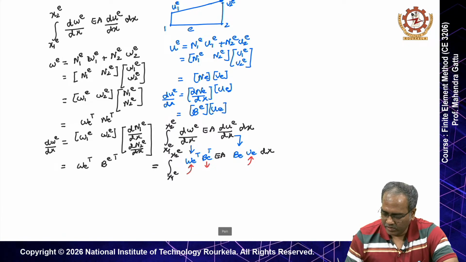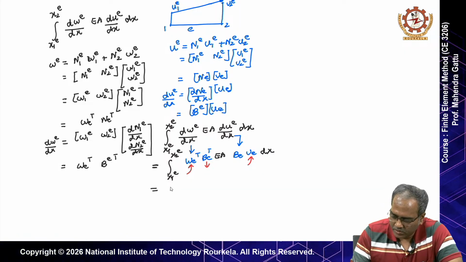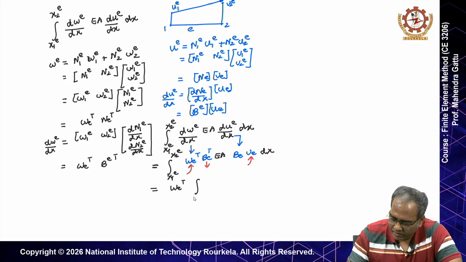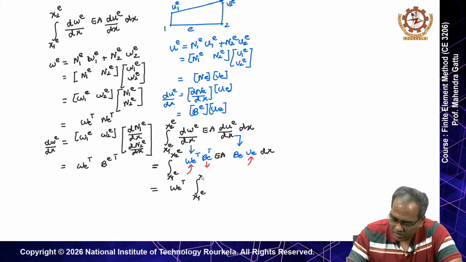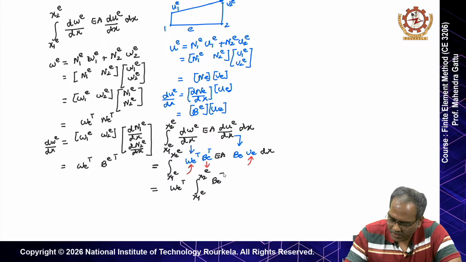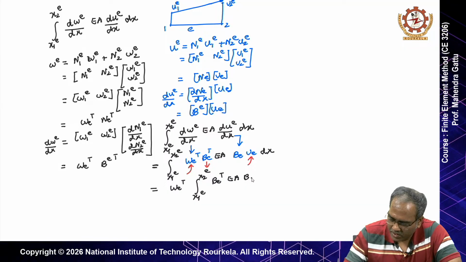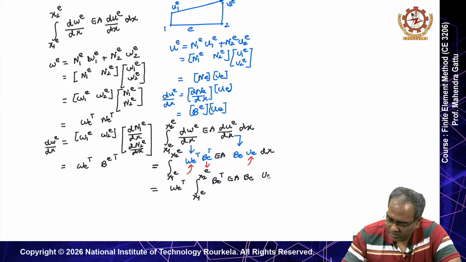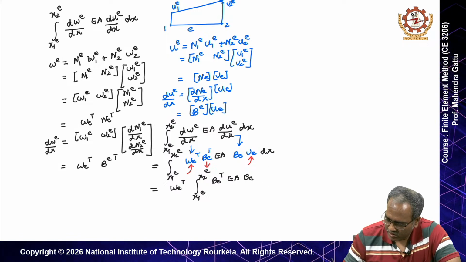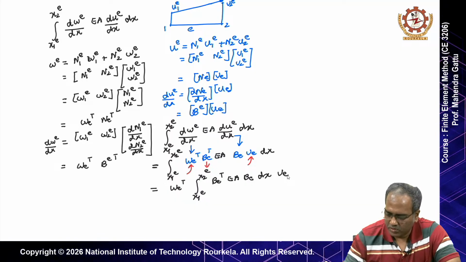So, what we will do now, we are taking the w transpose out, and then we have this integral x1 e to x2 e of B transpose E A B e times dx, and then we are taking the u e term also out.